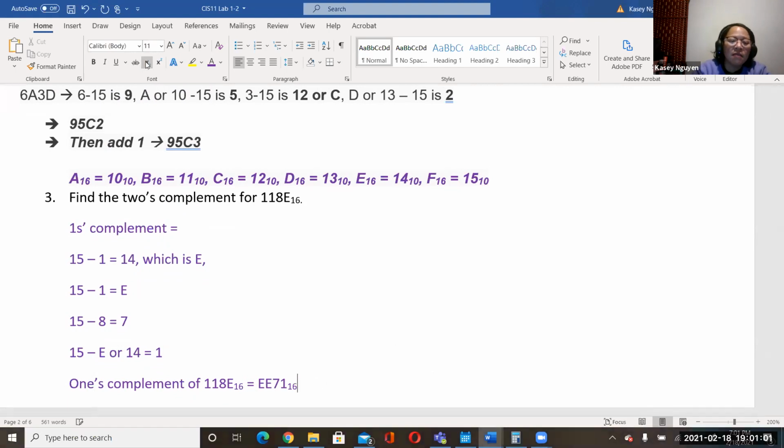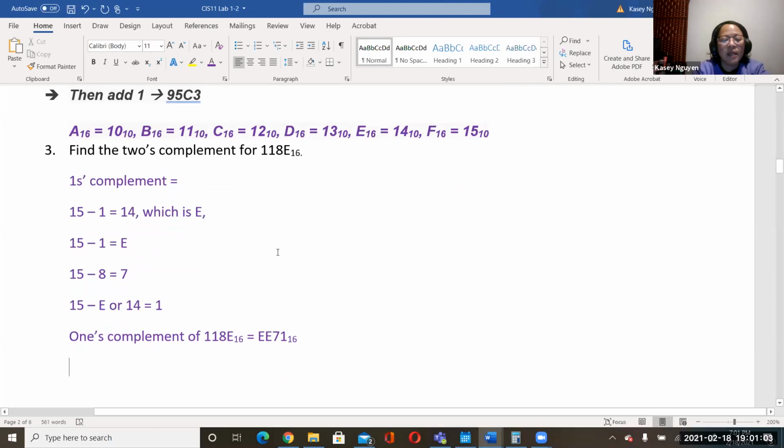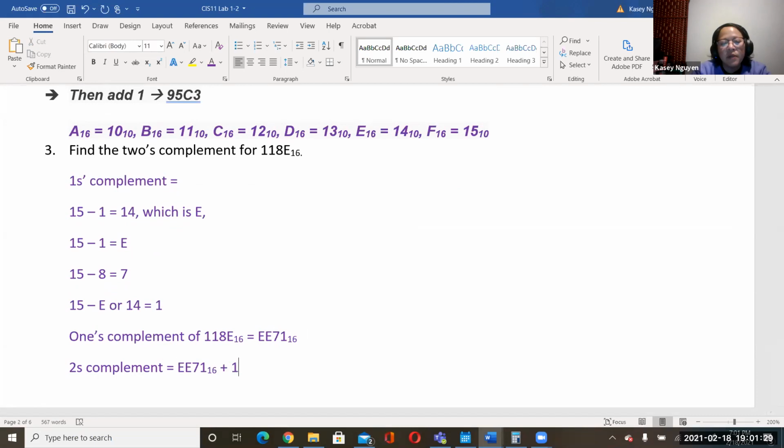So the next step for the 2's complement is going to be, you would take this and you would do a plus 1. So what does that give us?